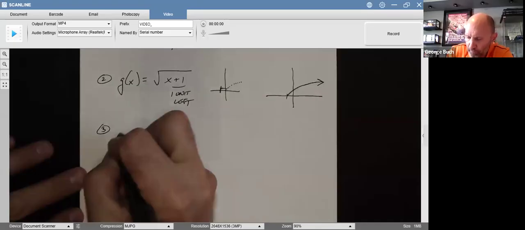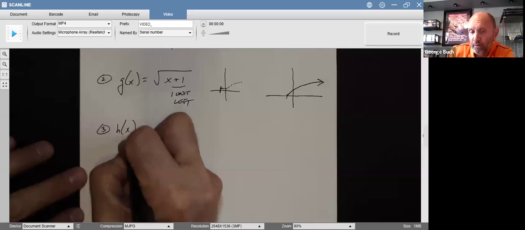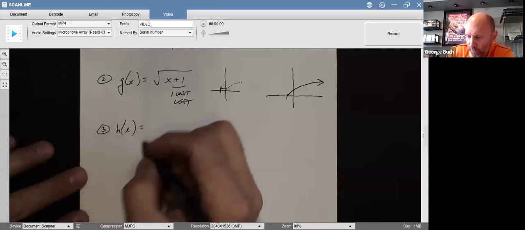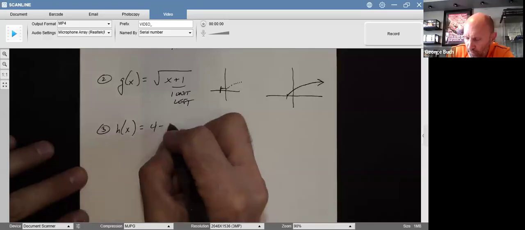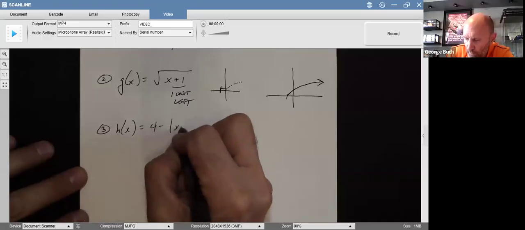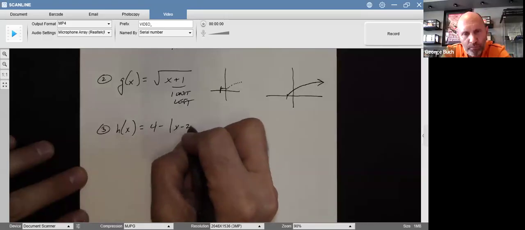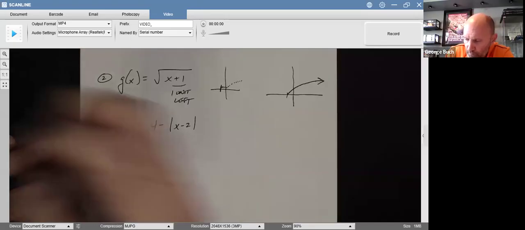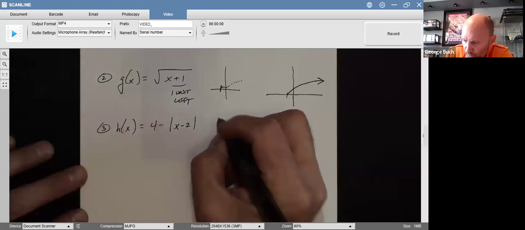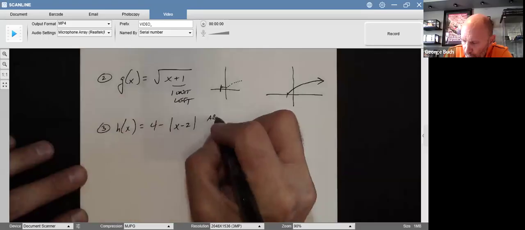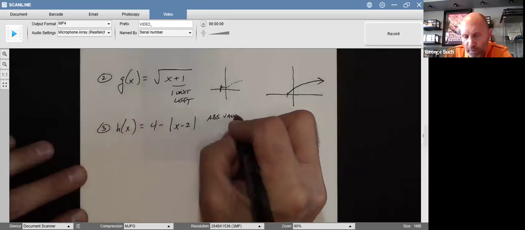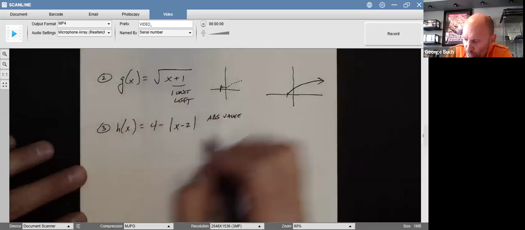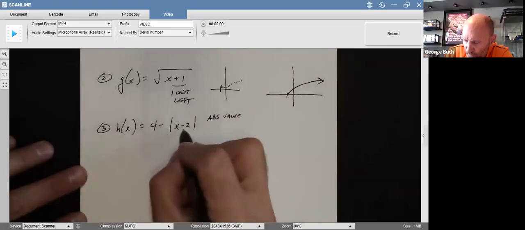Third one, a little more complicated, a little more involved. So I have 4 minus the absolute value of x minus 2. What I would do is start listing these things out. We have the absolute value function, and we work from the inside out. Because there's a -2 in here, think of that like +2.